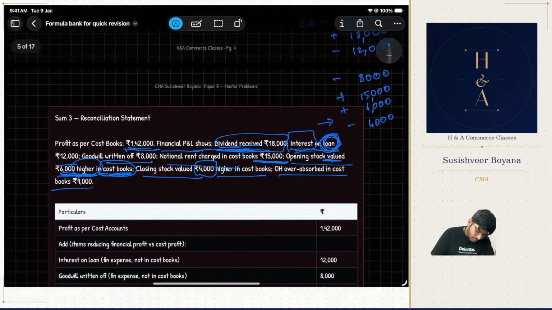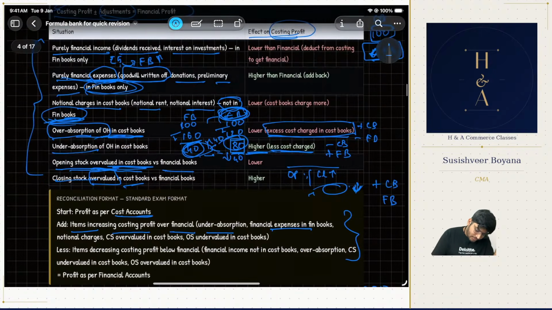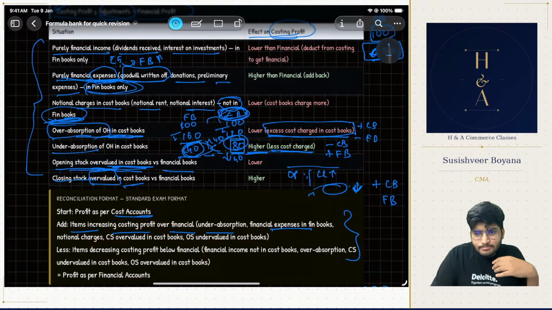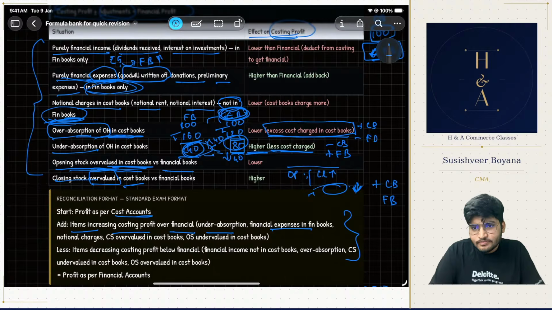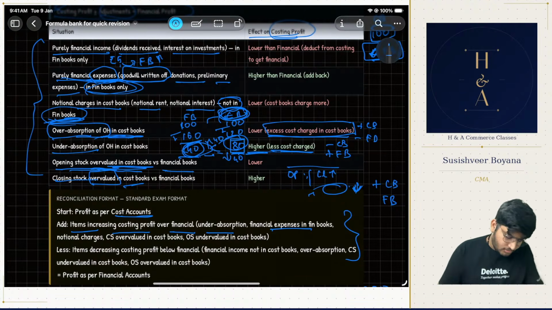Overhead absorbed in cost books. Overheads over absorbed. We just discussed with an example. If the overhead is over absorbed, that means costing books are gonna show less profit than the actual. So what are we talking about?